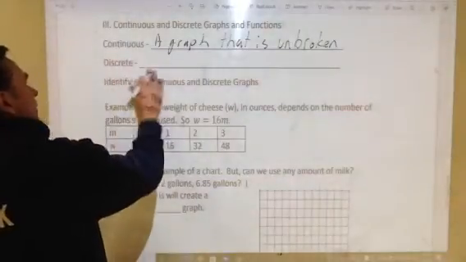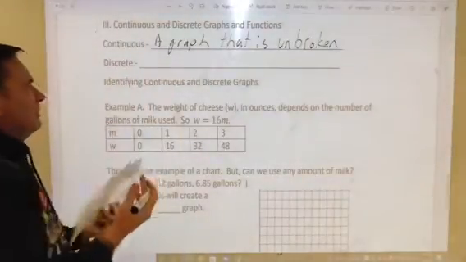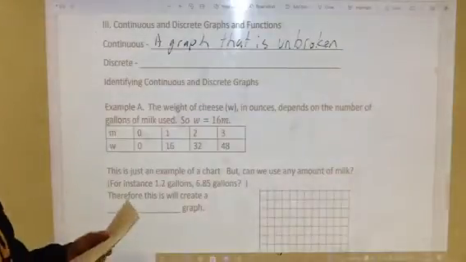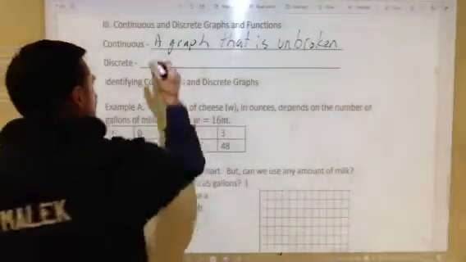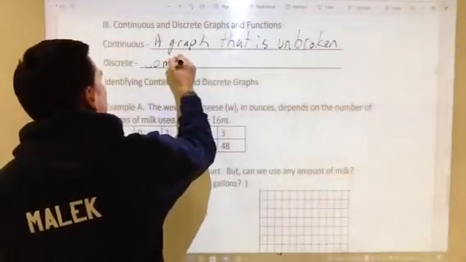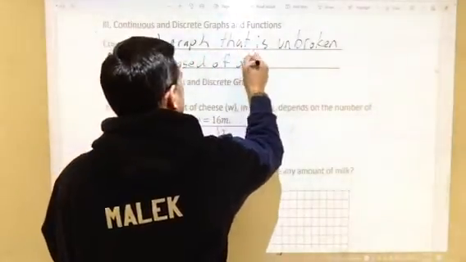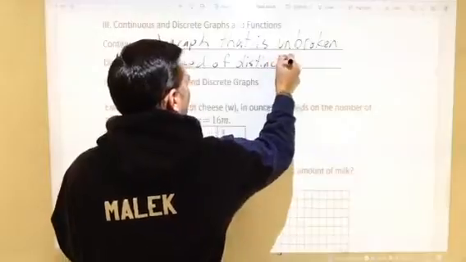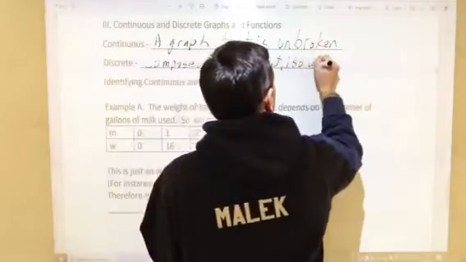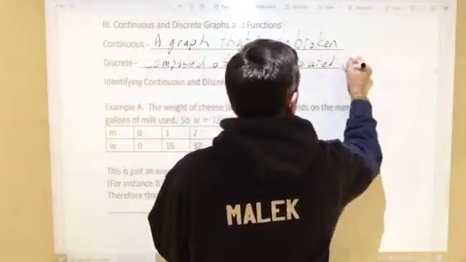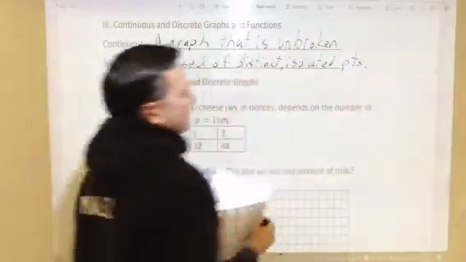A discrete function is a little bit different. You might not have heard the word discrete before. What it means is this is a function that is composed of distinct, isolated points.